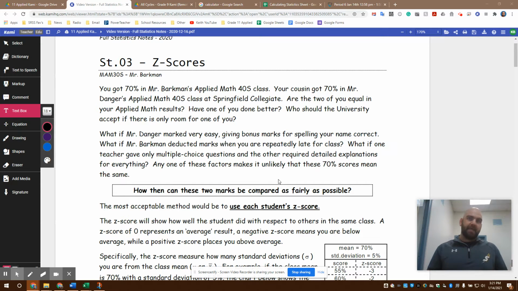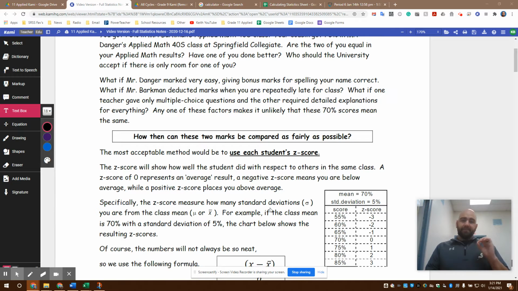Let's say Mr. Danger marks really easy, he gives lots of bonus marks, you spell your name correctly, boom, extra bonus mark. That could make a big difference on your scores. That 70% could be very inflated. The most acceptable method would be to use each student's Z-score.